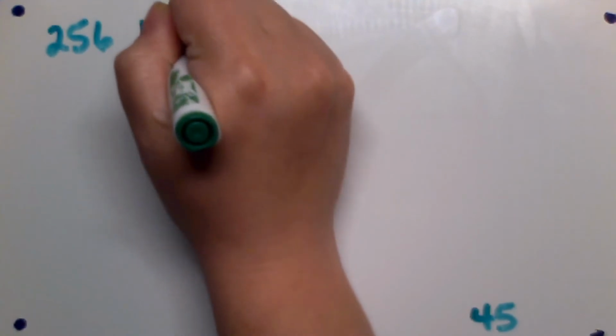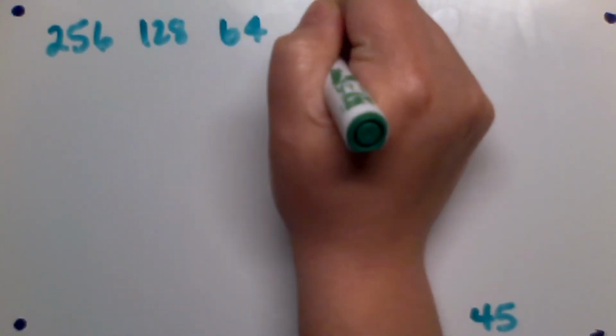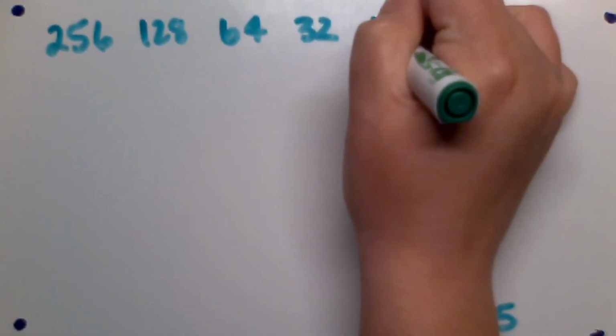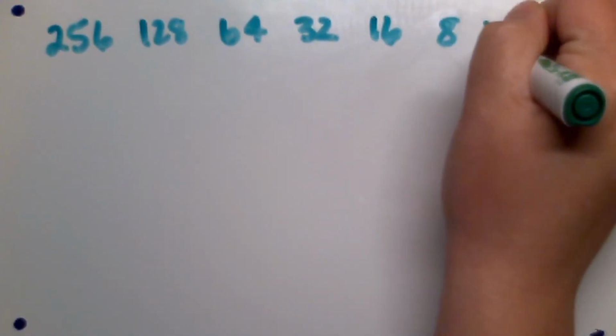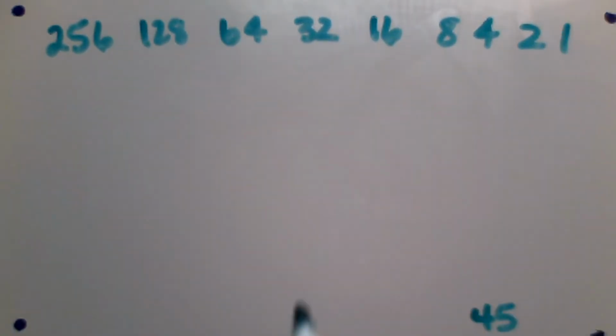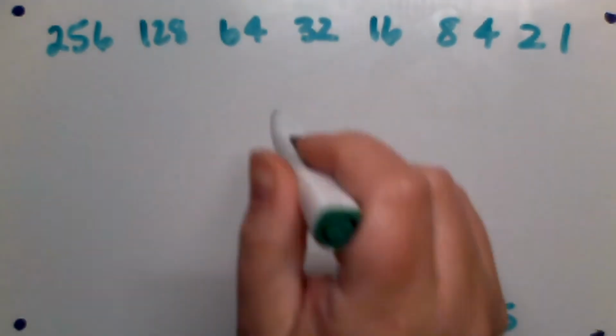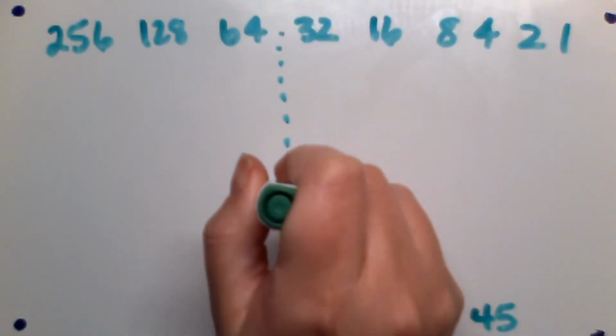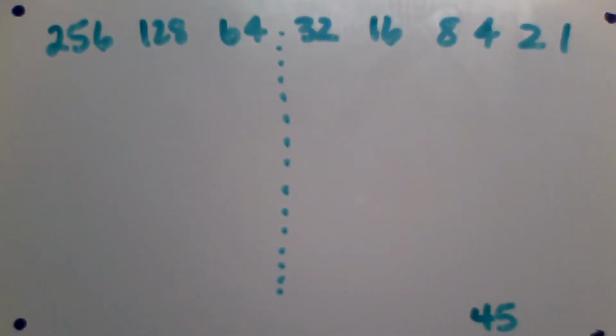If we just write down all of our columns, the biggest number that we're going to need is 32 to write a 45. So we don't need 256, 128, or 64 for this example.